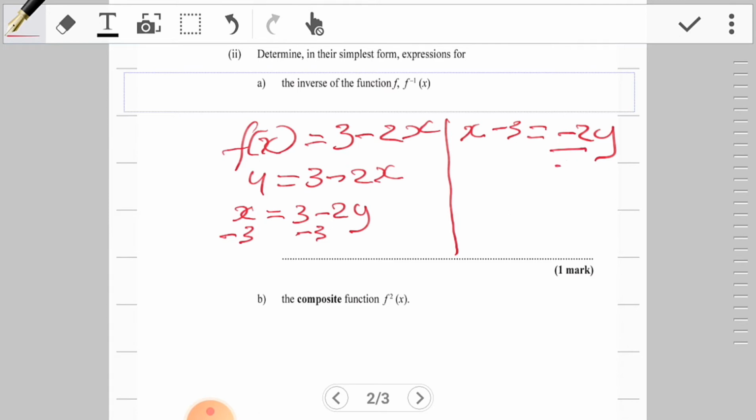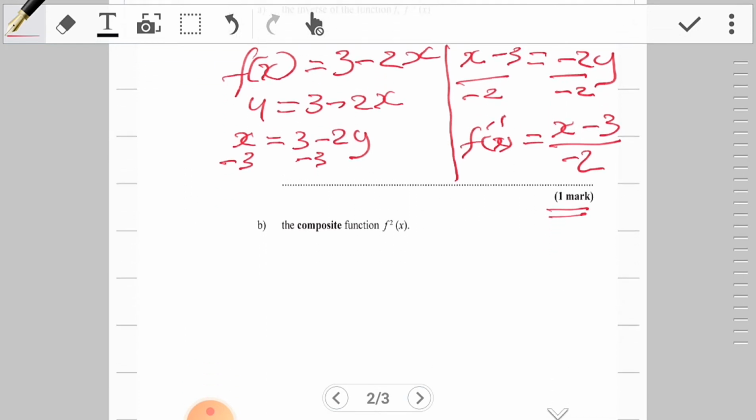So we divide by -2 and balance the equation. Finally, the inverse of f of x is equal to x minus 3 over -2. This is just for 1 mark. So that's the inverse of the function.